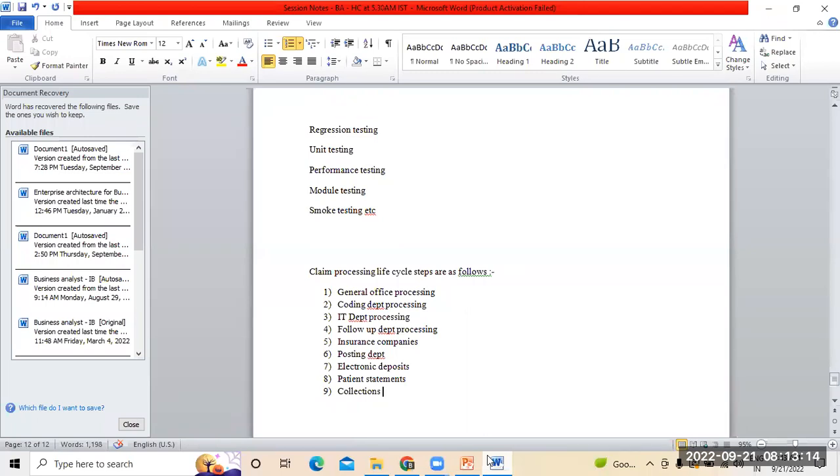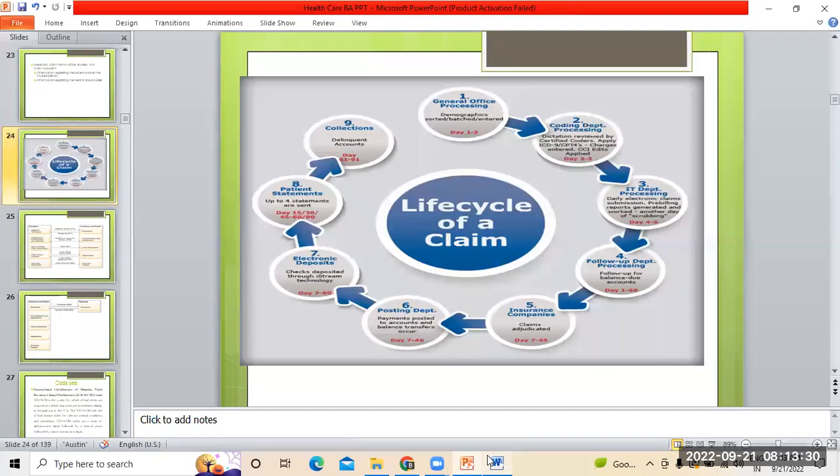As I stated, this is irrespective of the type of claim it belongs to, but we need to make sure the detailed information about the patient details is ensured here. Now, what am I doing? The first one we call general office processing.